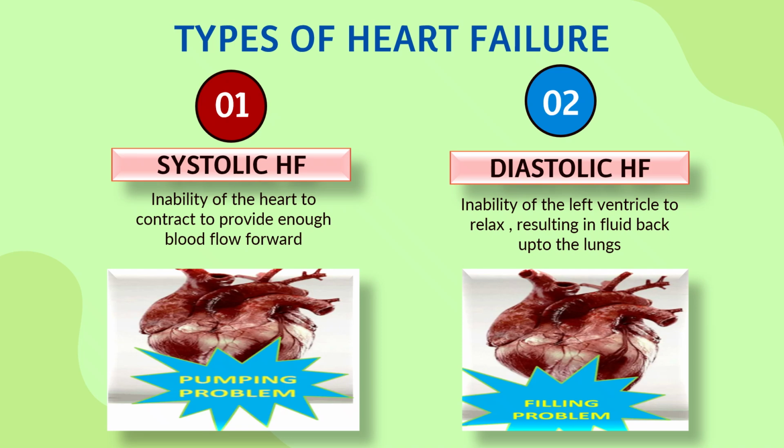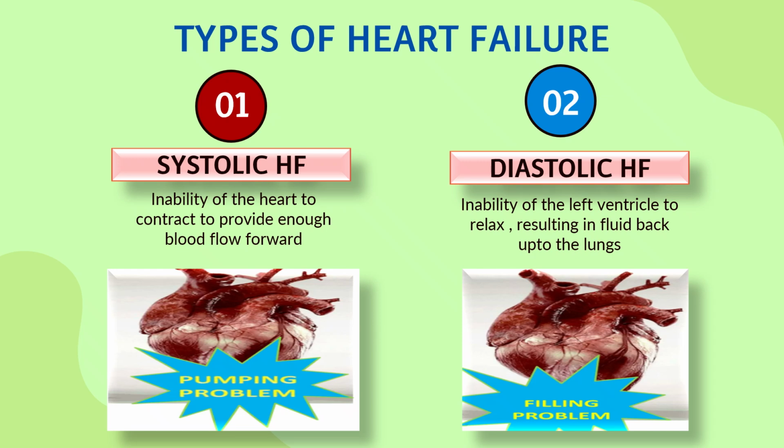So, the first type, systolic and diastolic. Systolic means the inability of the heart to contract to provide enough blood flow forward. So the problem is a pumping problem. The contraction of the ventricles is not happening properly. That is when you see a diagnosis of left systolic heart failure, which means the left ventricle is not able to pump properly.